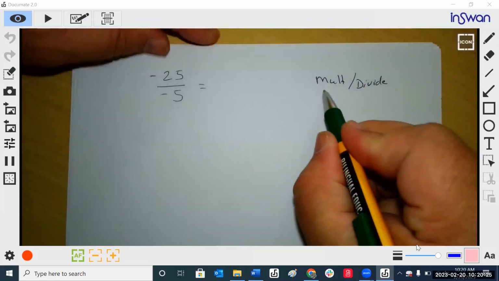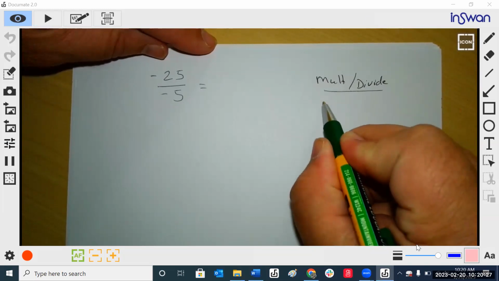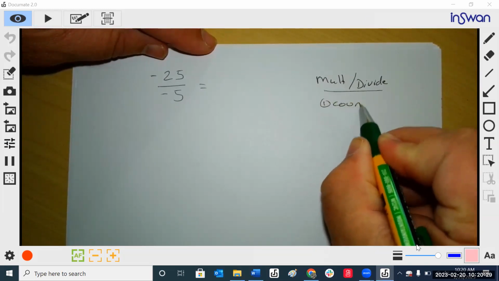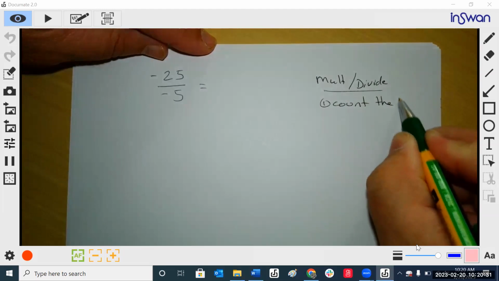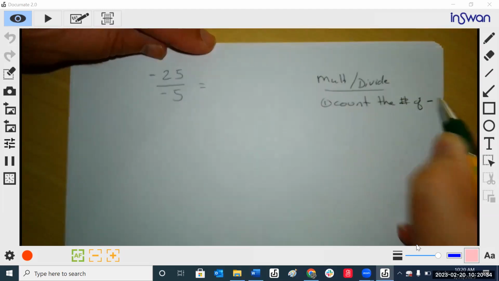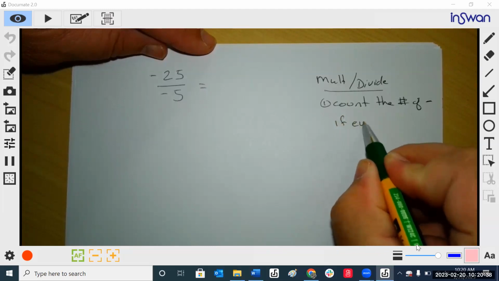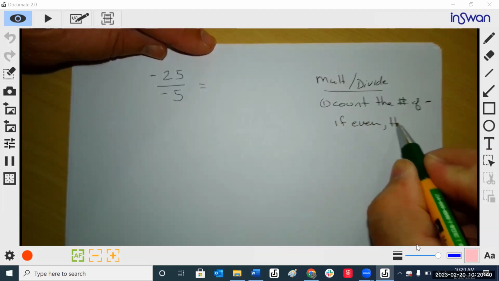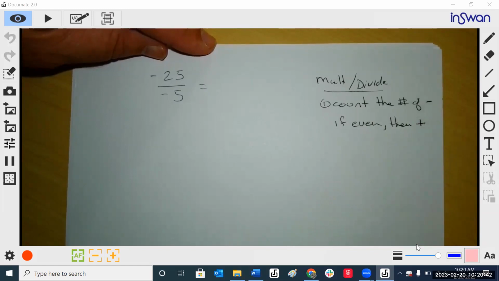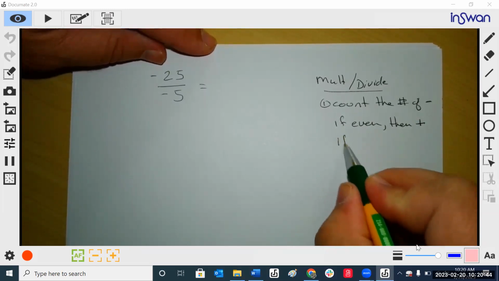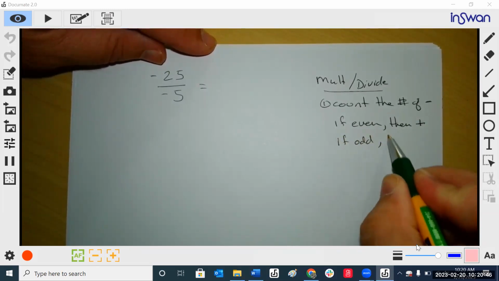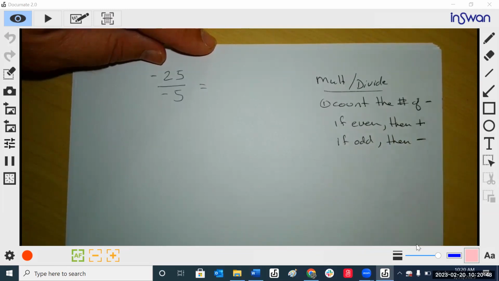When you multiply and divide, the procedure here is to count the number of negatives. If it's an even number, then the answer is positive. If it's an odd number, then your answer is negative.